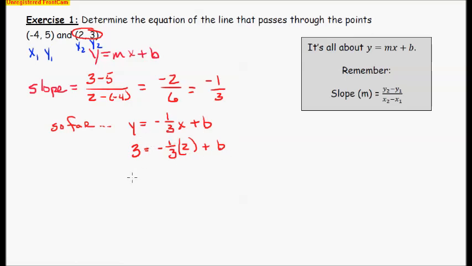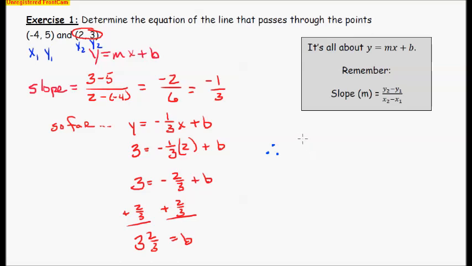Now I just solve for b. We've done that many times before. That's 2/3 plus b, and in order to solve for b here, I just add 2/3 to both sides. And 3 plus 2/3 is just 3 and 2/3. So the big end here, I put my 3 little dots.